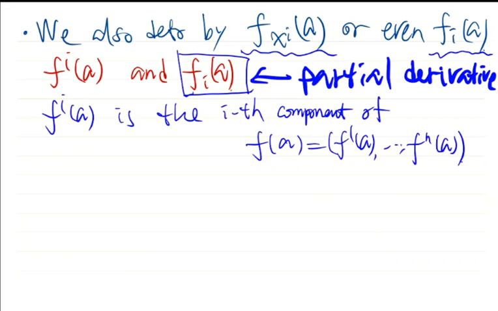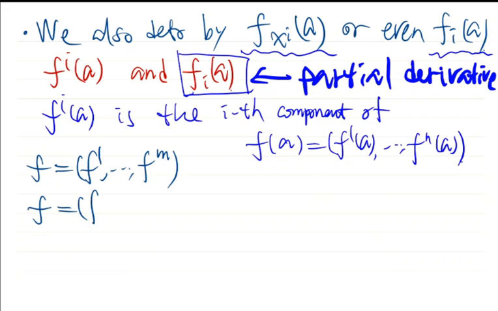Of course, some people, as in our convention, denote a vector valued function in this way. But some other people prefer to write this as F1, Fn.